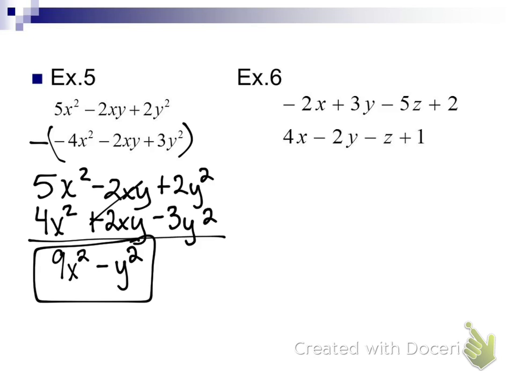All right, on 6. This process hopefully is getting a little boring just because it's so easy. Rewrite the first one. We're subtracting the bottom one. So when I distribute that negative, Jaquan, what does the bottom one become?